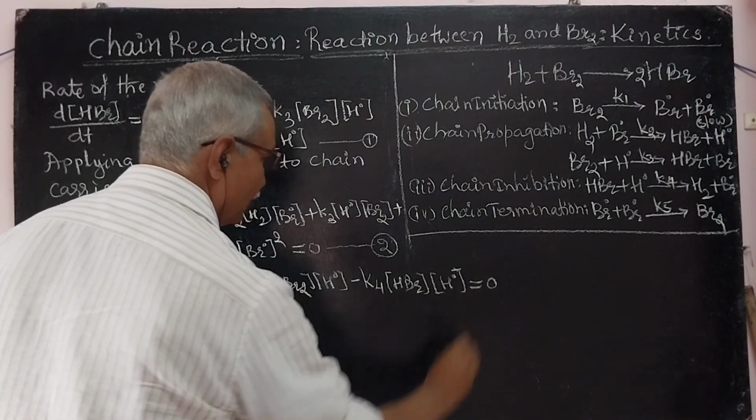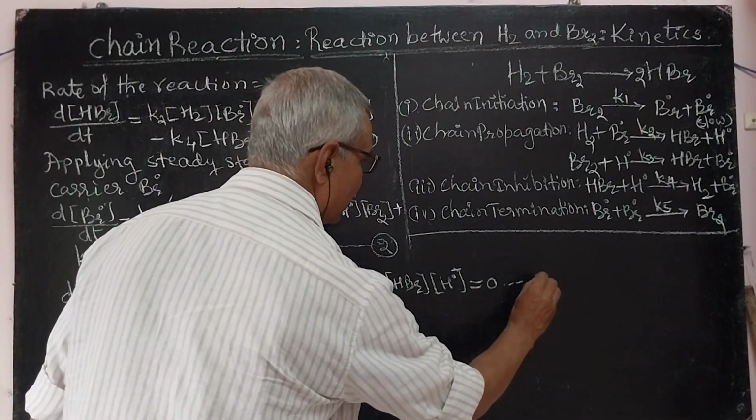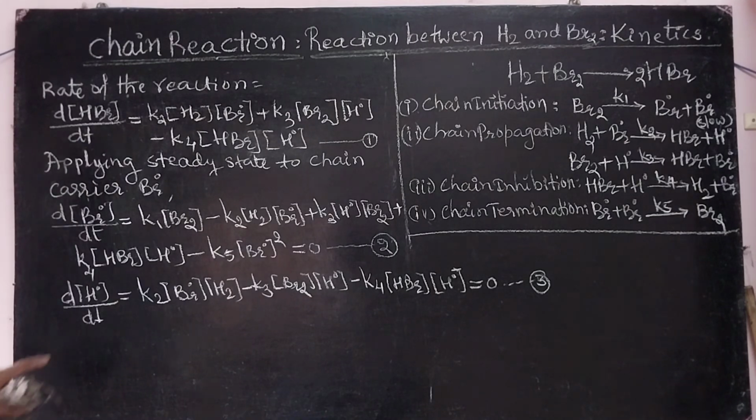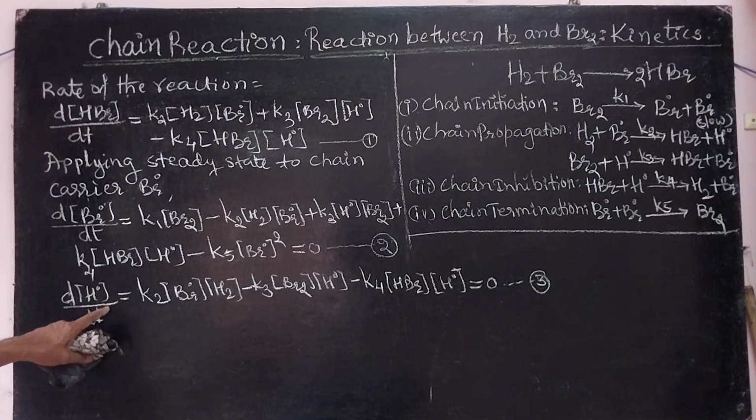This is taken as equal to 0. Suppose this is equation 3. By equation 3, there is no change in the concentration of H dot.